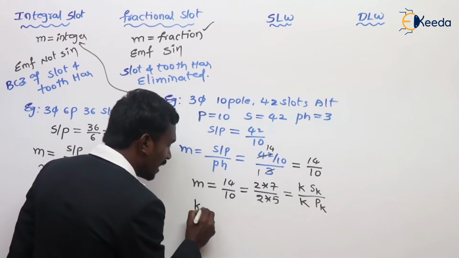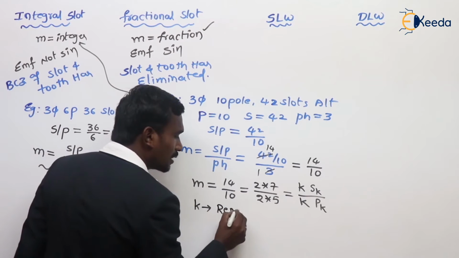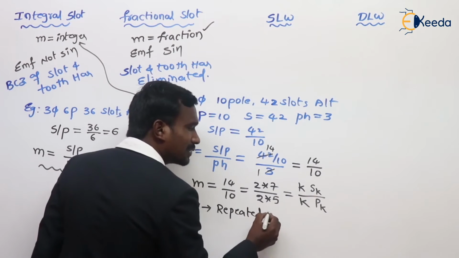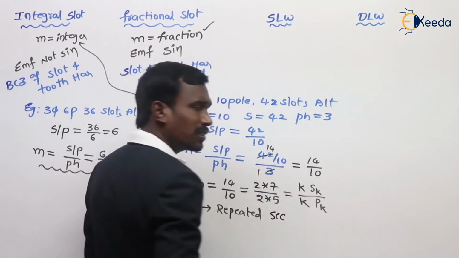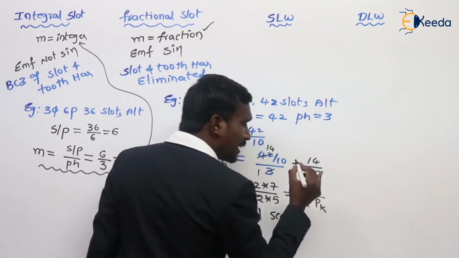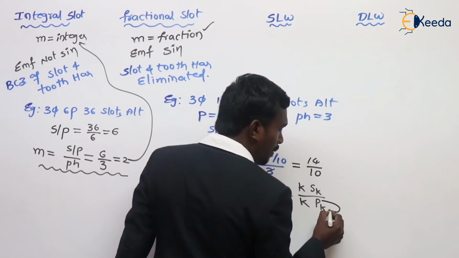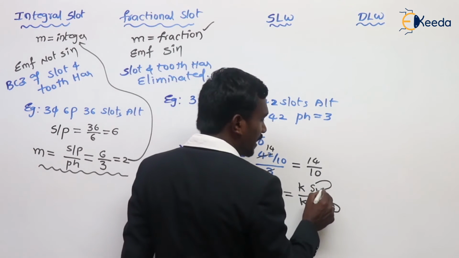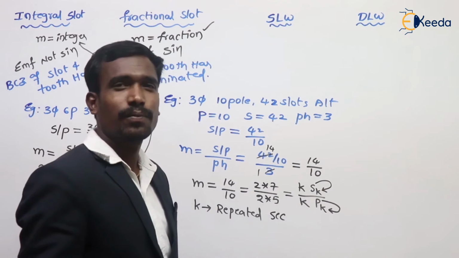Here k is the number of repeated sections, repeated parts or repeated terms. Sk is the number of slots for each section, and Pk is the number of poles for each section.